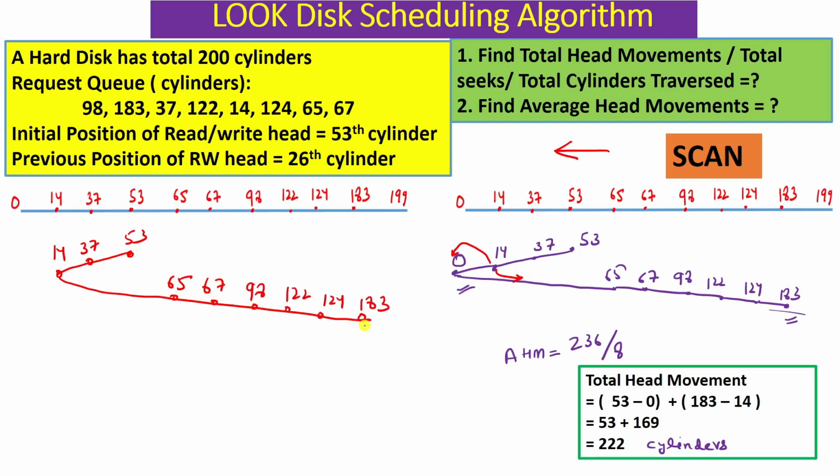So again, let's say some more requests arrived after 183 was completed, let's say 64 and 63 came.